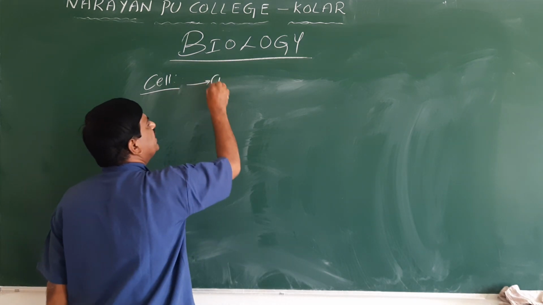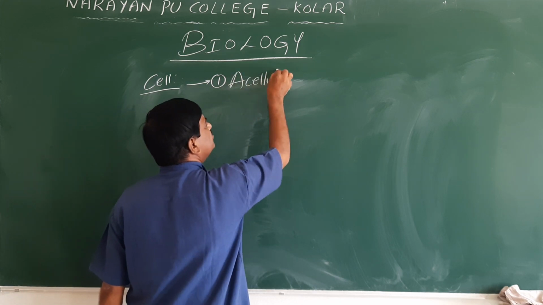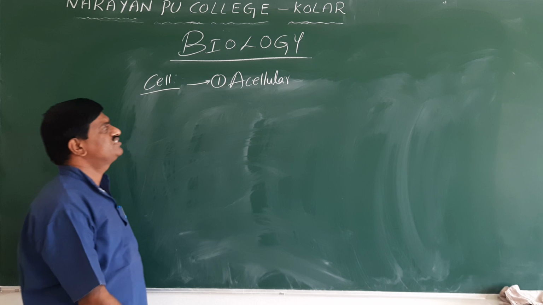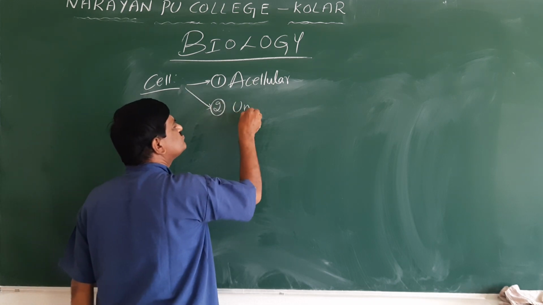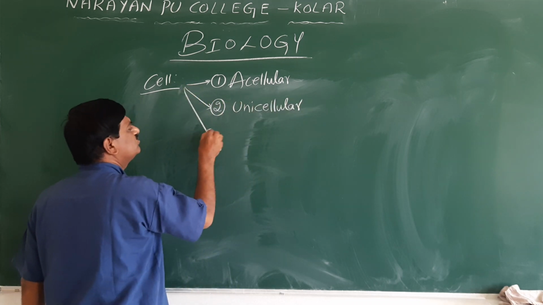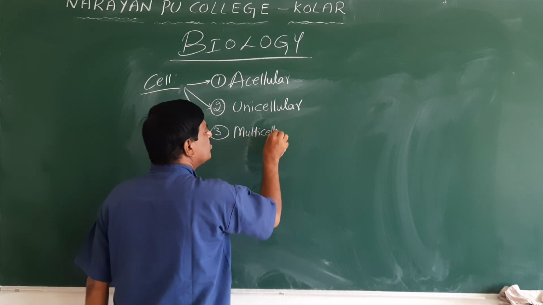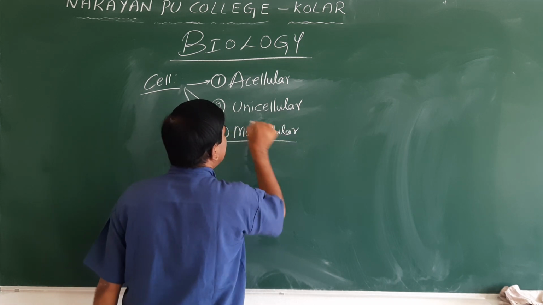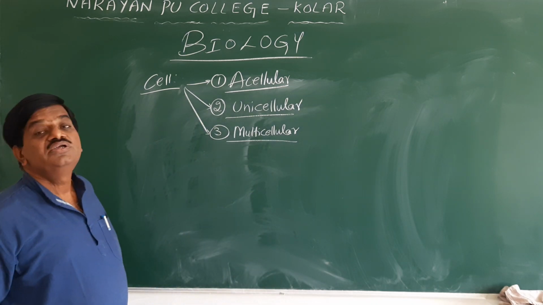One of the cell types is called acellular, the second one is called unicellular, and the third one is multicellular. Now, we'll start with acellular.